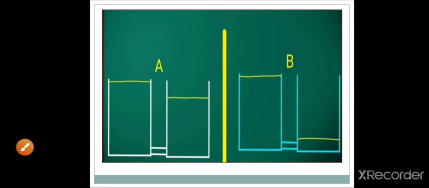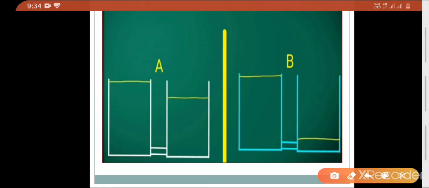To understand what is electric potential difference that is created by a cell or a battery, we have taken two setups here, setup A and setup B. As we are seeing, in setup A there are two containers, and the level of water in both the containers is about the same, that is, there is a very small difference in the level of water.